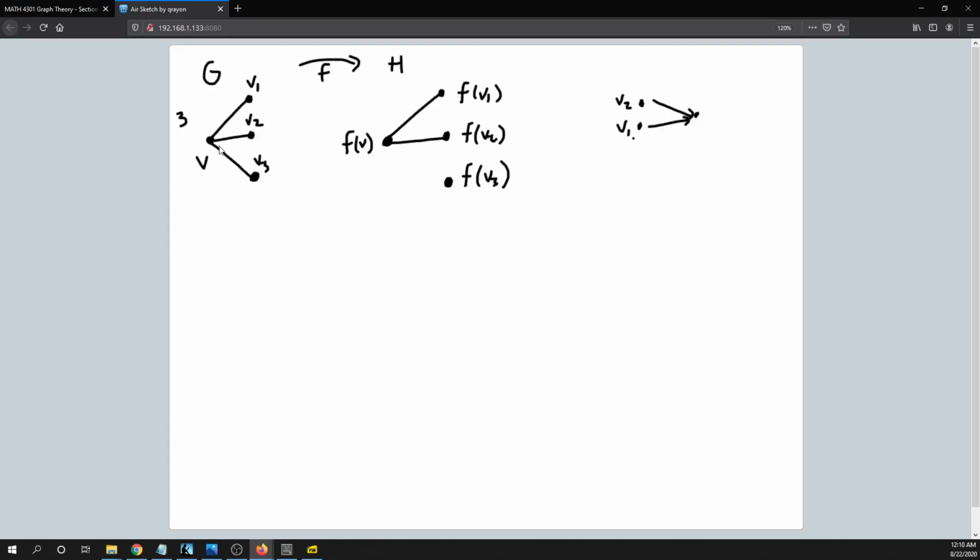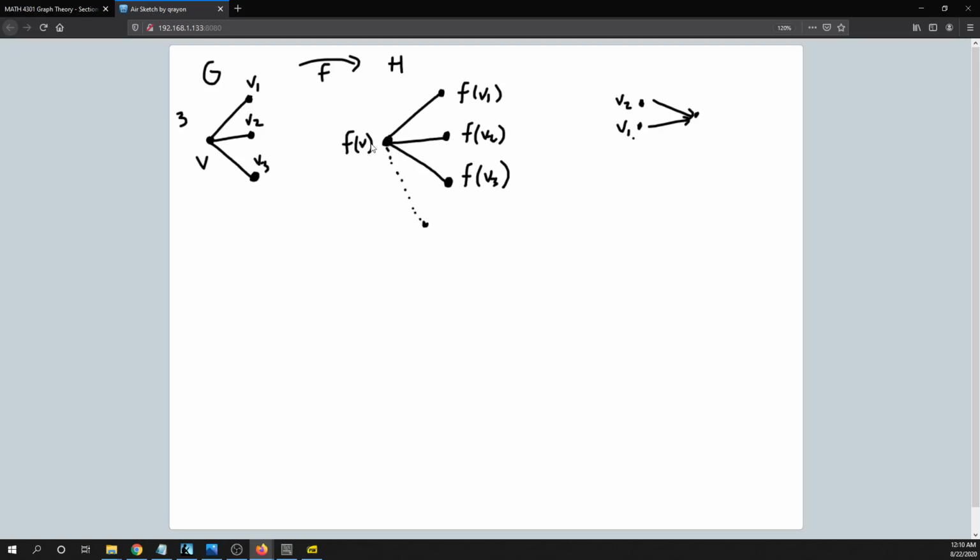All right, here are 2 vertices that are adjacent in G, V and V3. So F of V and F of V3 have to be adjacent over in H. Okay, so you can see that F of V has degree 3 over here. And now you may say, well, how do I know that over in H there's not some other vertex that is adjacent to that?